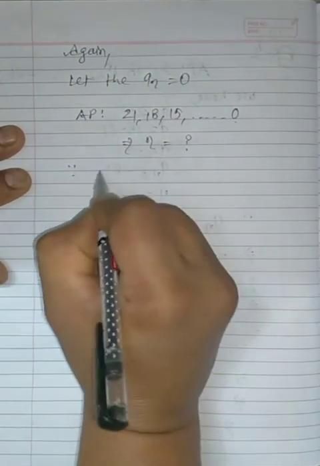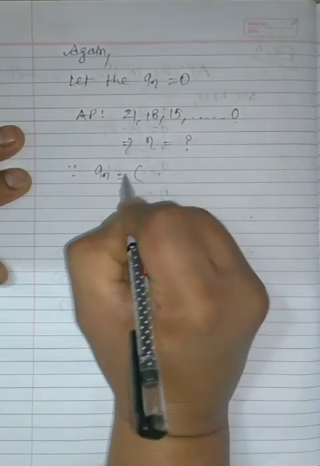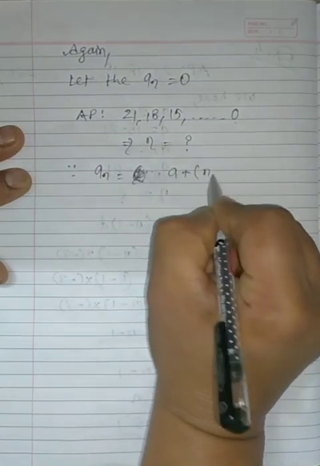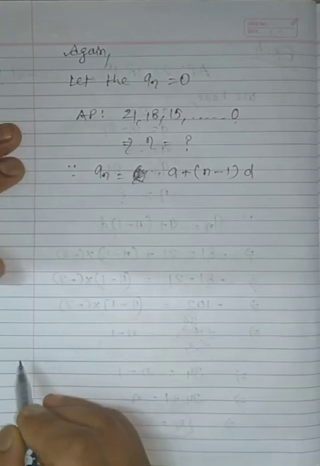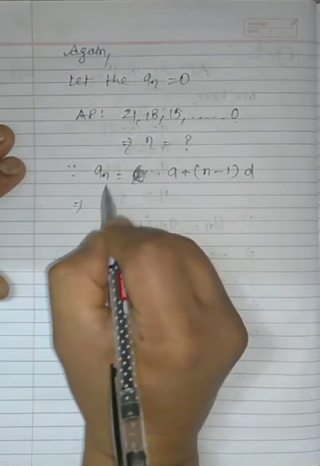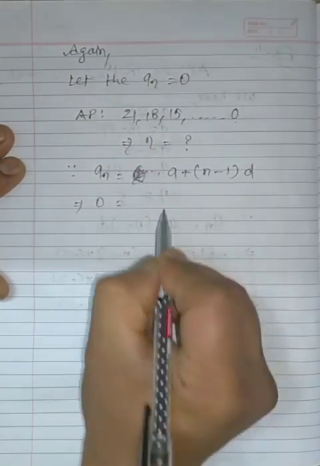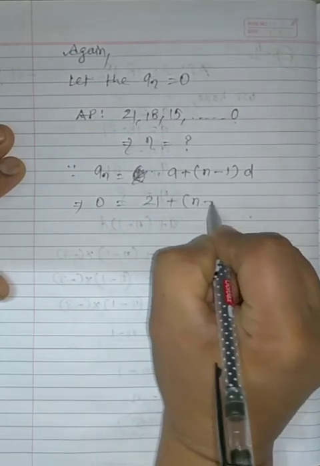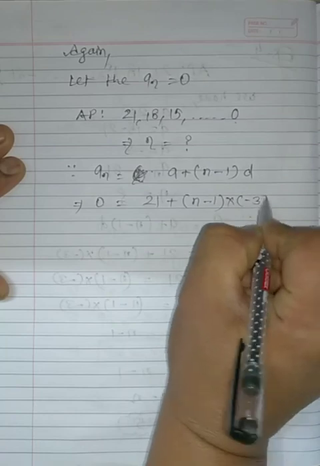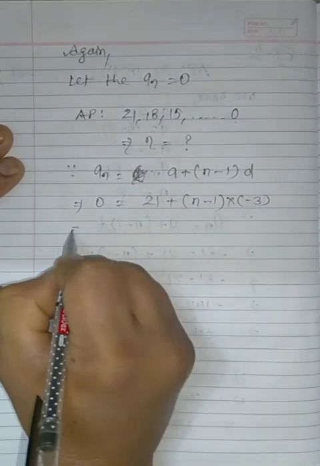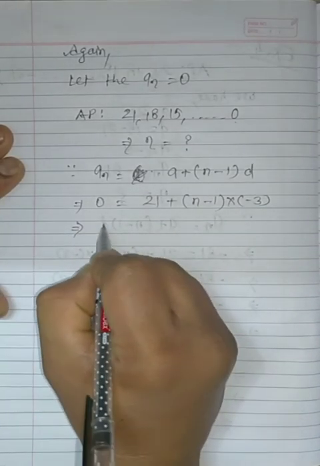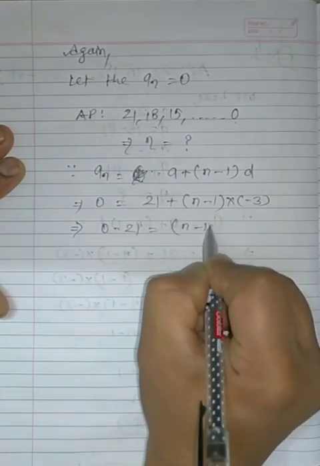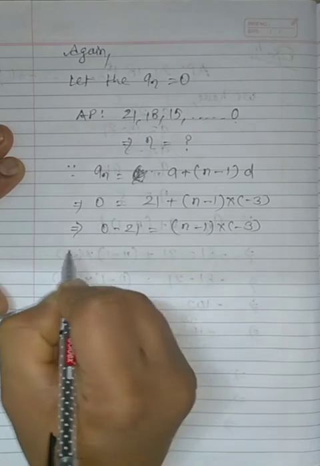Once again, since An equals A plus n minus 1 into D, An which we have is 0, A is 21, plus n minus 1 into the value of D, which is minus 3. That implies 0 minus 21 is equal to n minus 1 into minus 3.